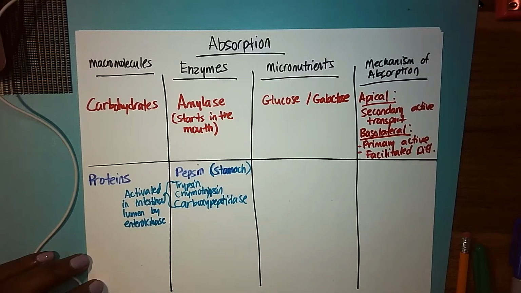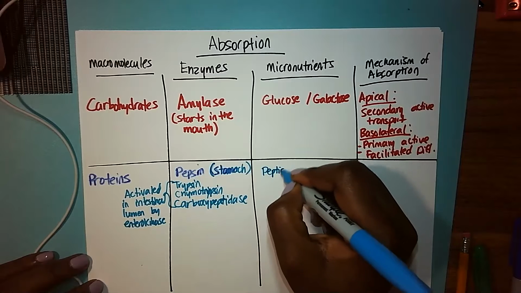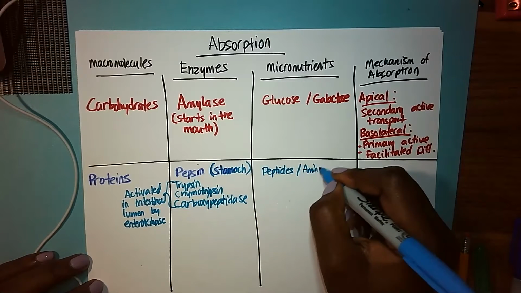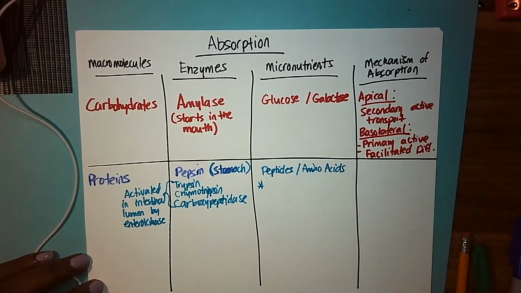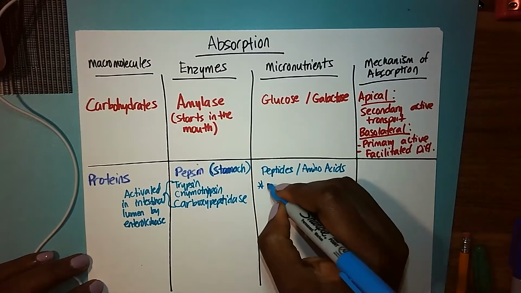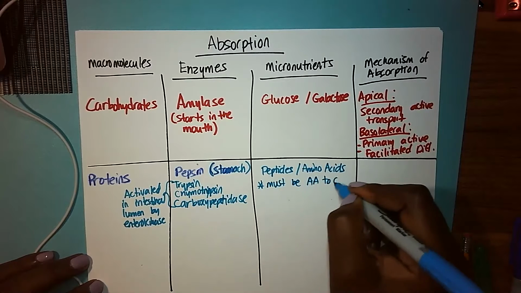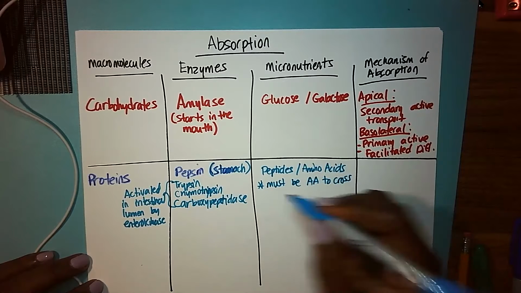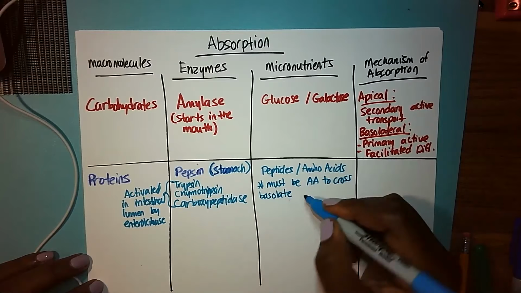Okay. All right, let's look at the micronutrients here. So these can be either peptides or amino acids. But let's make a note that they must be amino acids to cross the basolateral surface. So they can get into the cell as peptides, but in order to cross the basolateral surface, they must be further broken down within the cell.